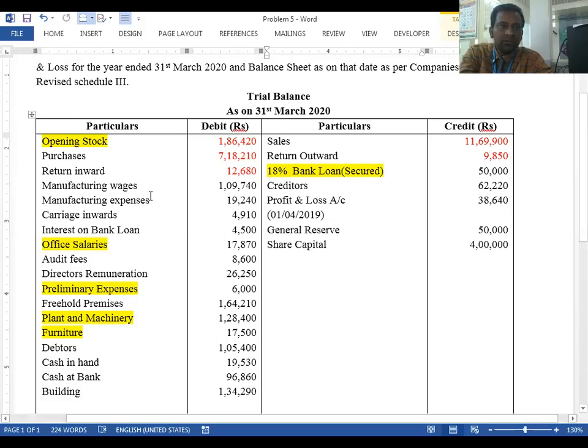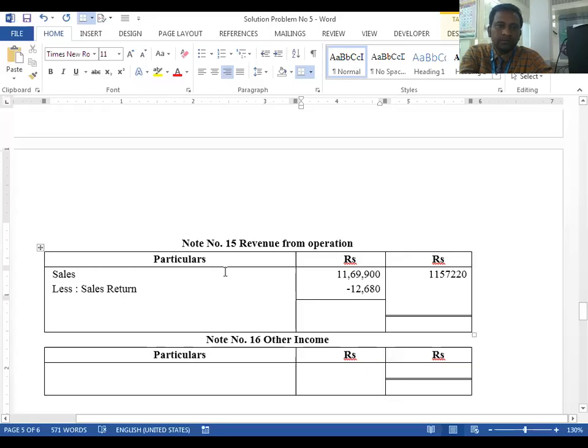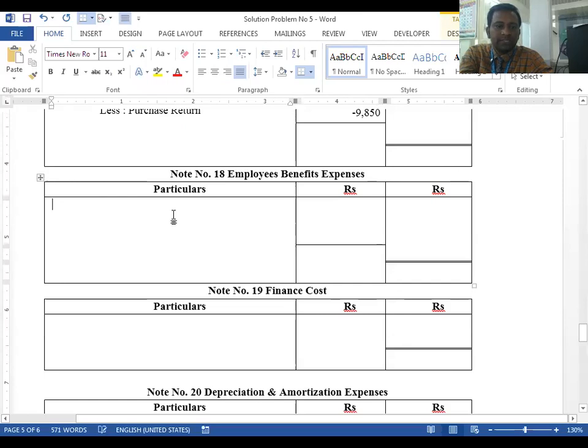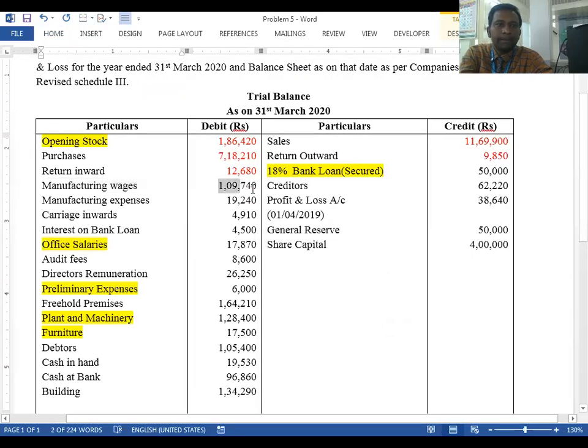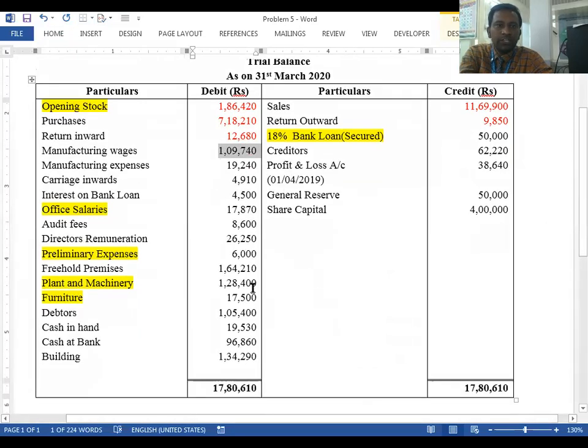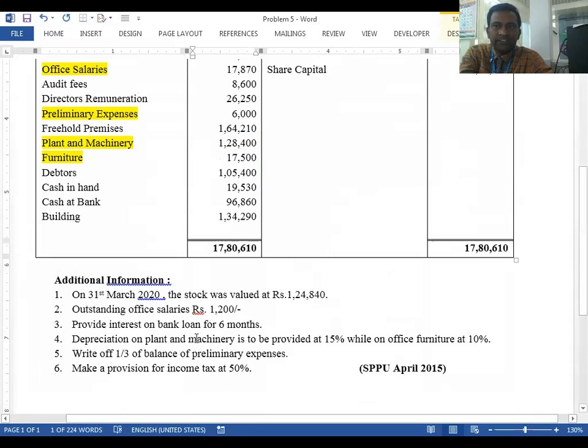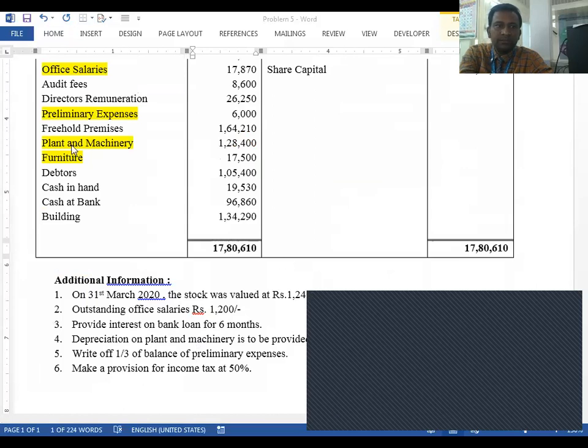So manufacturing wages 1,09,740, employee benefit expenses, notes number 18. Is there any adjustment regarding the wages? No adjustment.